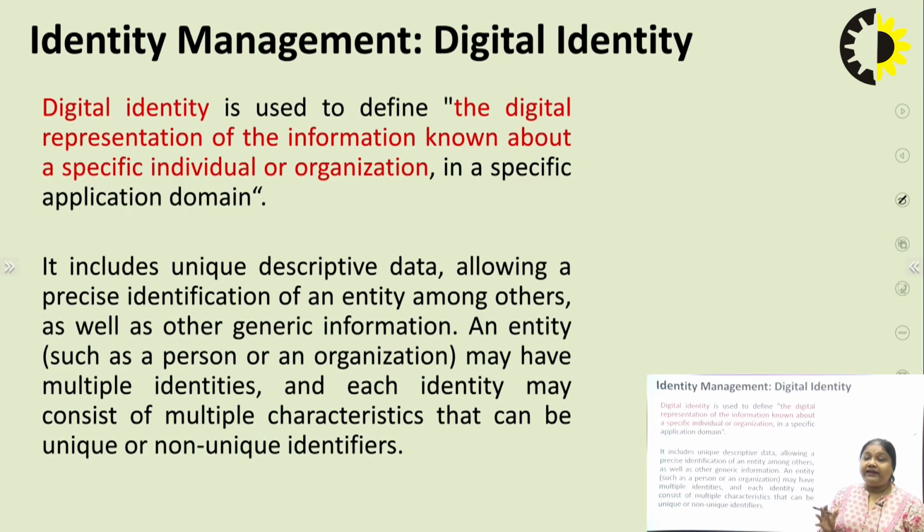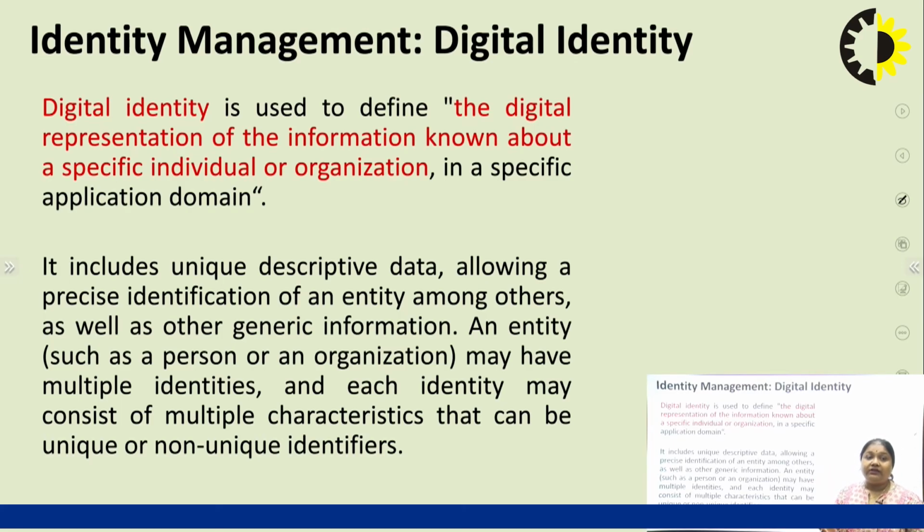Digital identity is used to define the digital representation of the information that is known about a specific individual or organization in a specific application domain. That is the definition of digital identity, and it includes unique descriptive data allowing a precise identification of an entity among others, as well as generic information about the person.